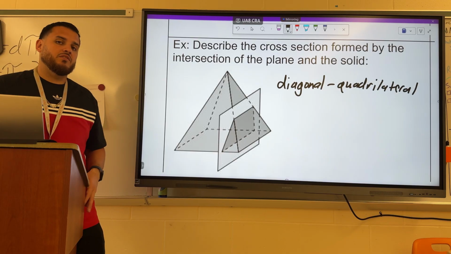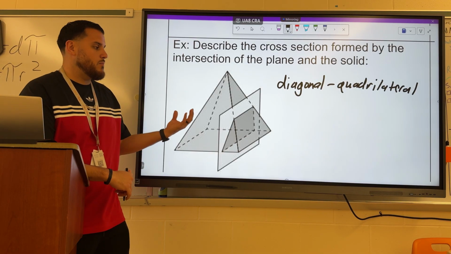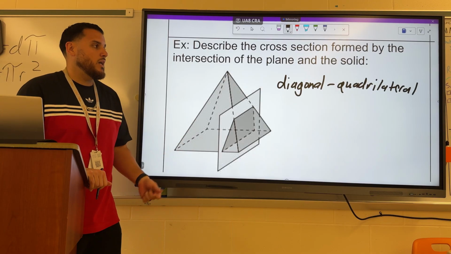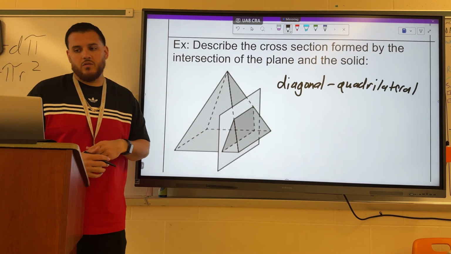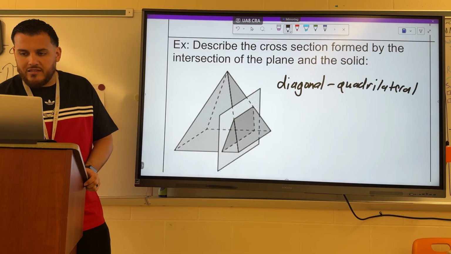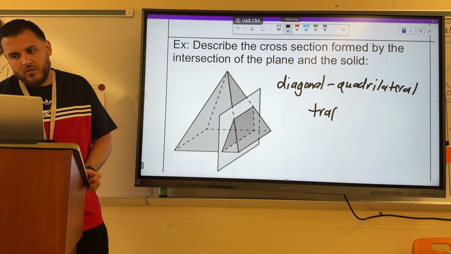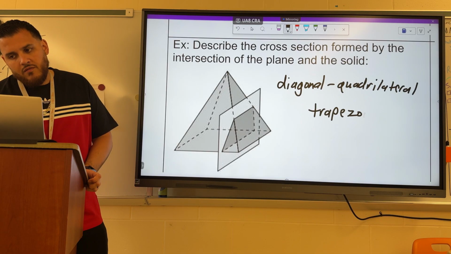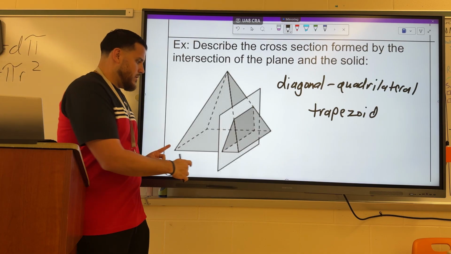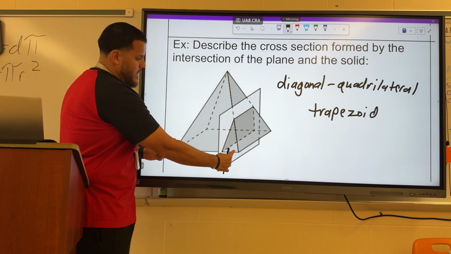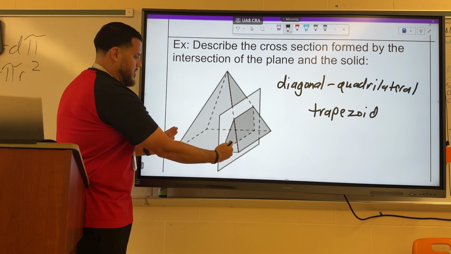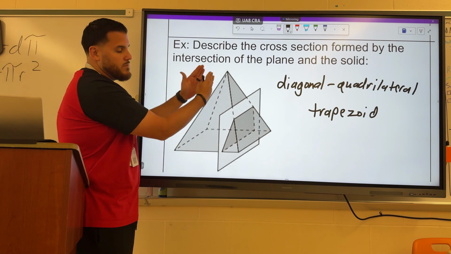Now, if we're making a little bit of an assumption, like maybe we're taking an end of course exam and we have options to choose from, and quadrilateral is not one of those options, your best guess might be a trapezoid in this one. If you think about the faces of the pyramid, looking at this triangle, it starts wide, and then the width of the triangle gets thinner and thinner all the way up to the apex.